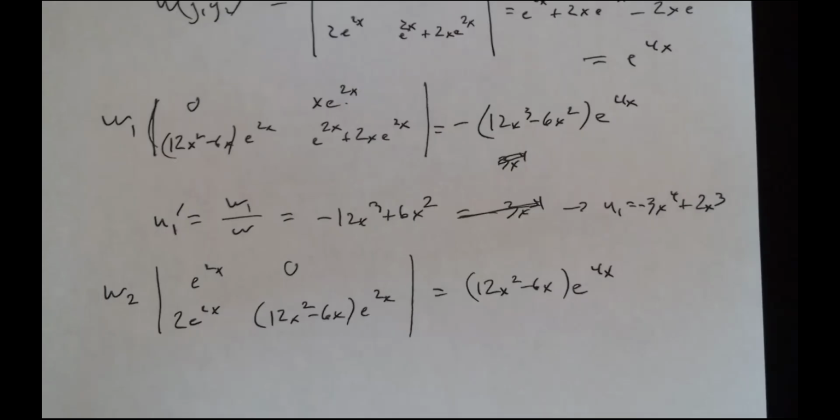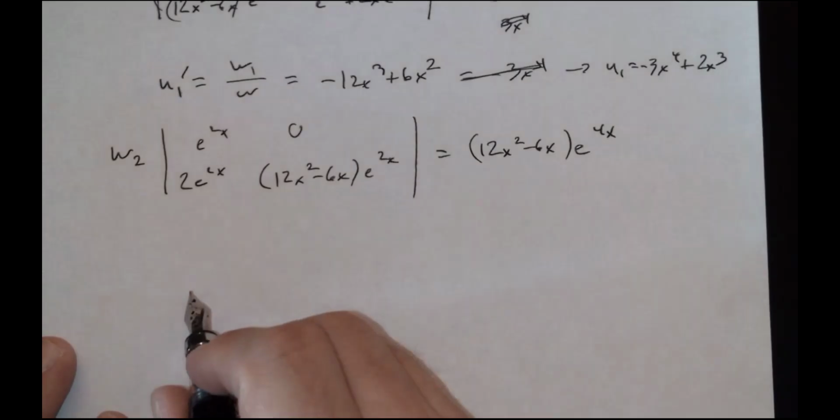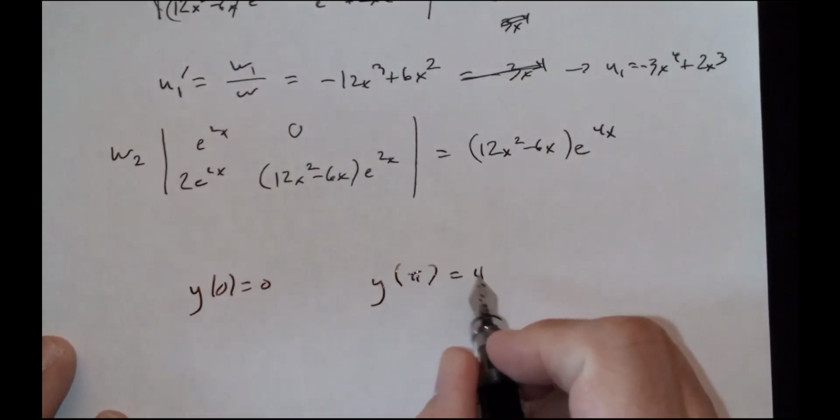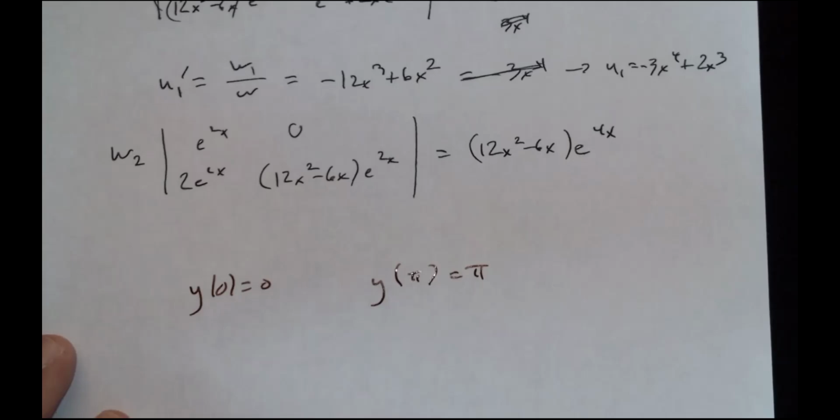Now, if we think about it for a second, let me push a little on this. My solution was something in trig functions, right? Exponential and trig. Yep. And our conditions were y of 0 equals 0 and y of pi equals pi. Well, the first condition is great because when I plug in cosine of 0, it's 1, right?